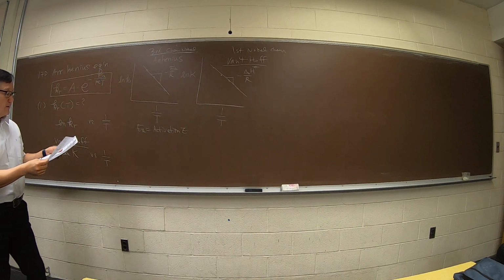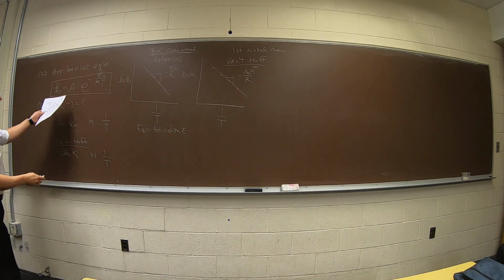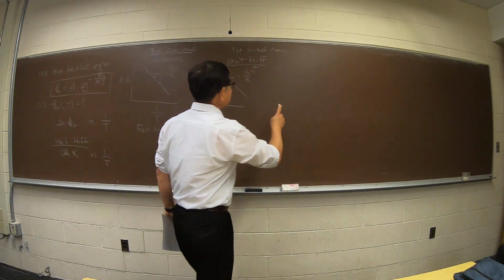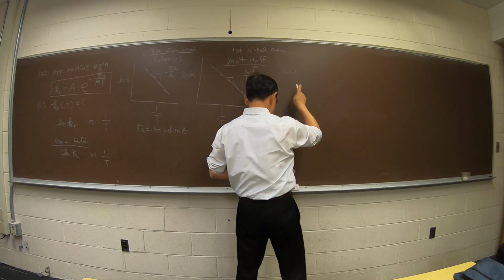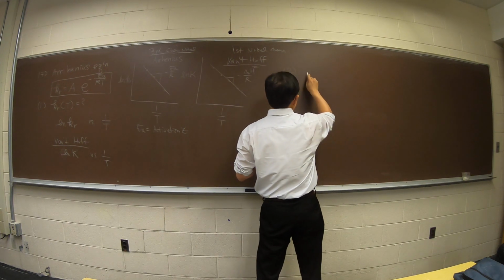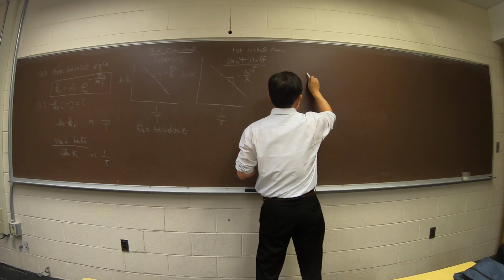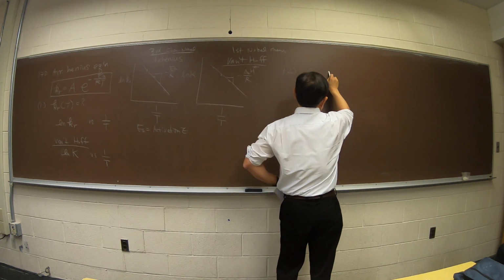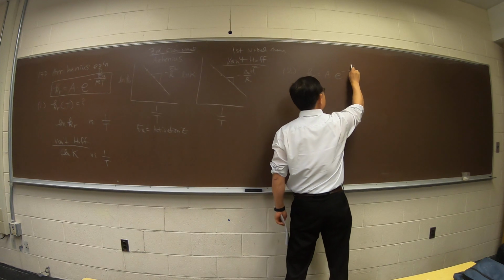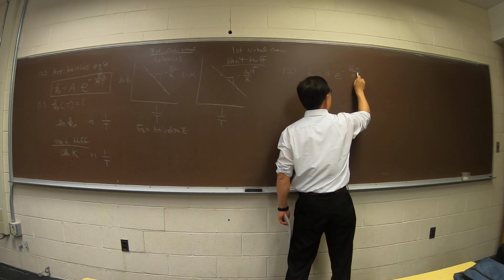Okay, so let's talk about what this A and Ea mean. Once again, the equation is k_r equals A e to the minus Ea over RT.